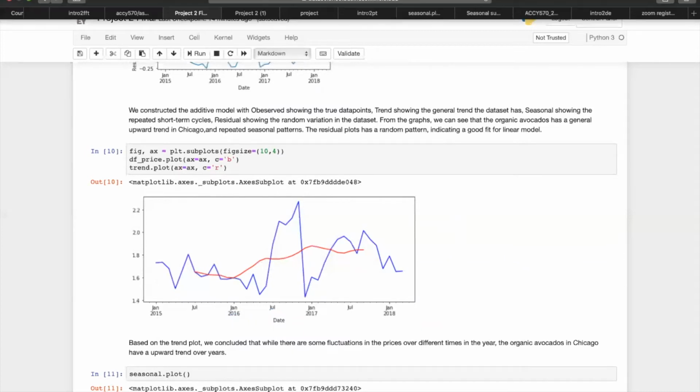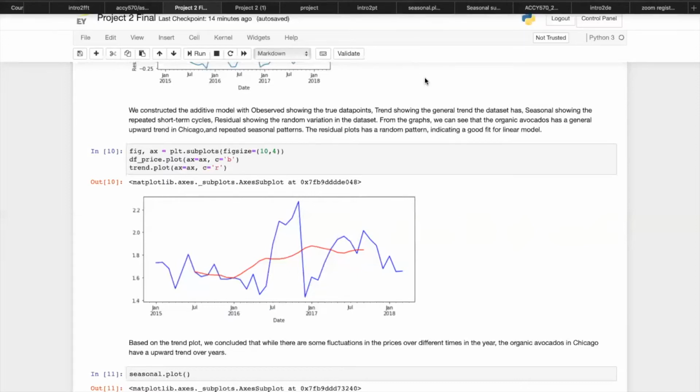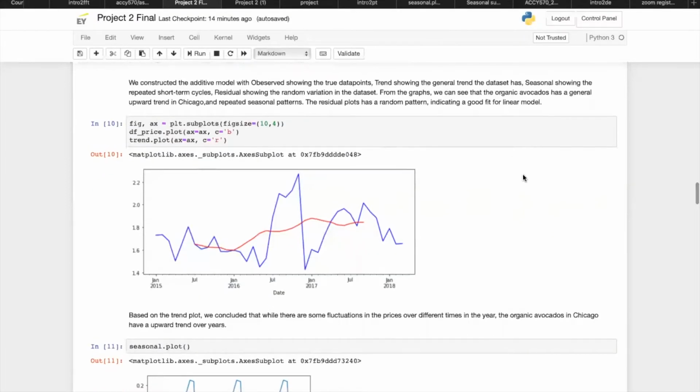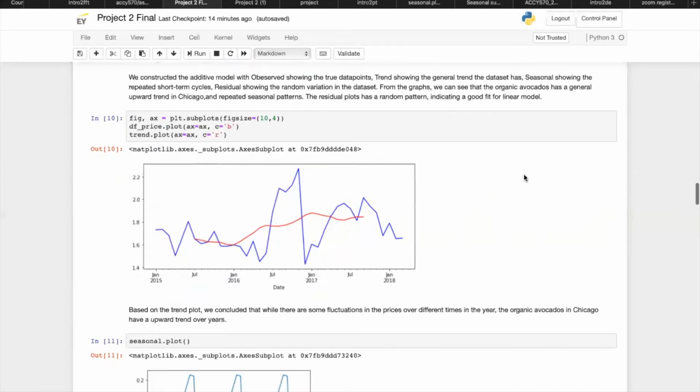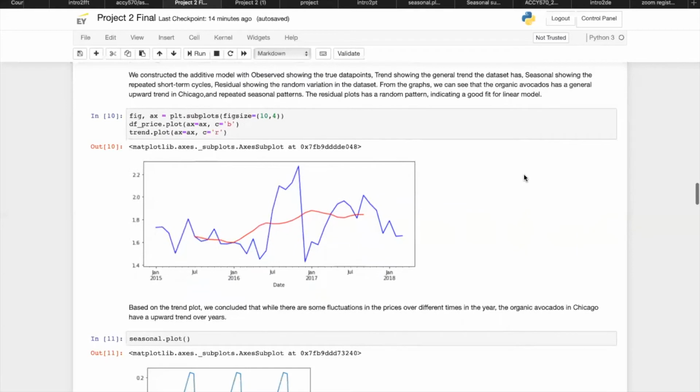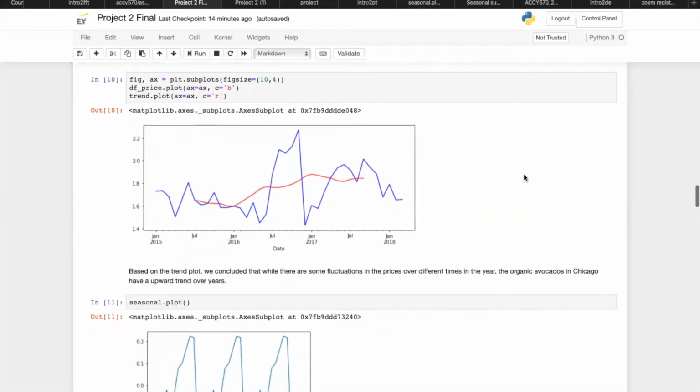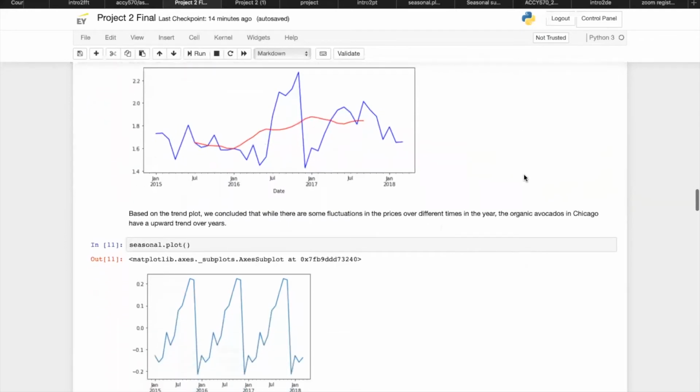From this graph, we can see that the organic avocados have a general upward trend in Chicago and repeated seasonal patterns, and the residual plot has a random pattern indicating a good fit for a linear model. The next plot is a trend plot.